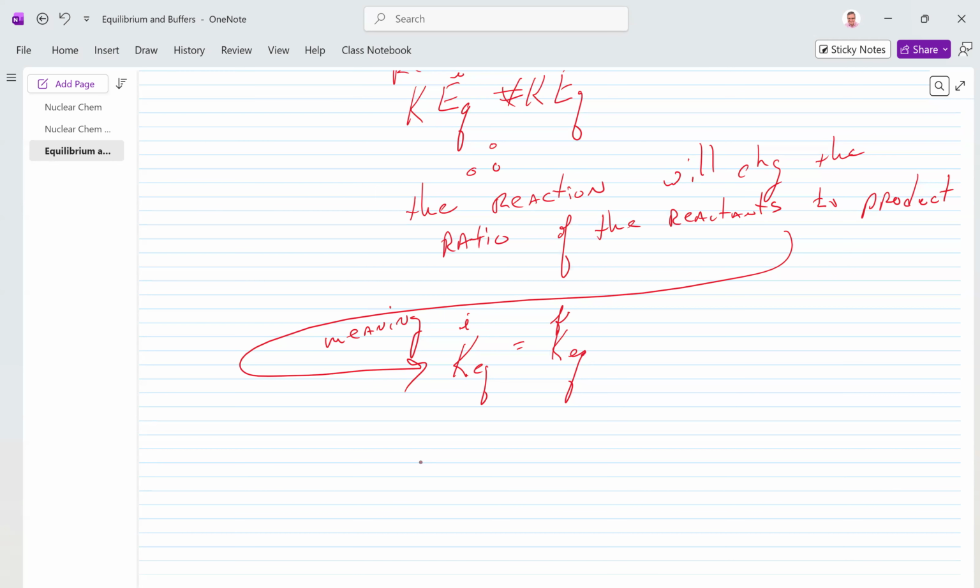So that means if we start with 4 moles, let's do a reaction here.